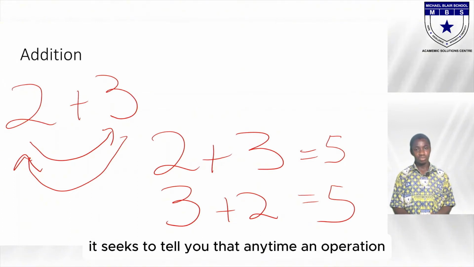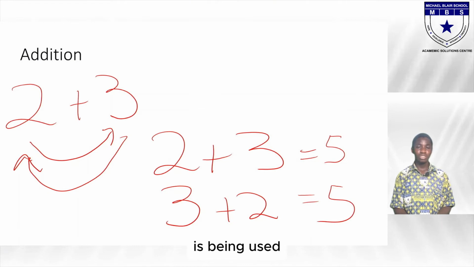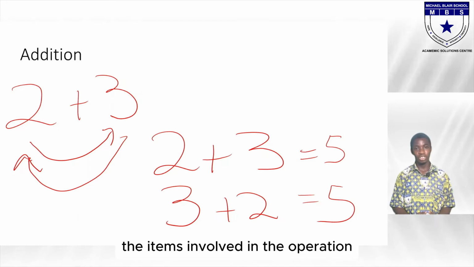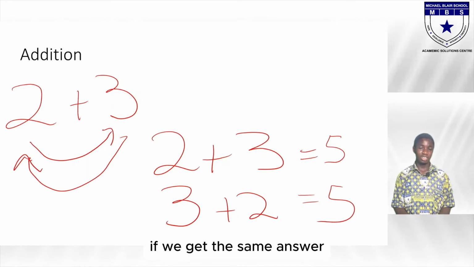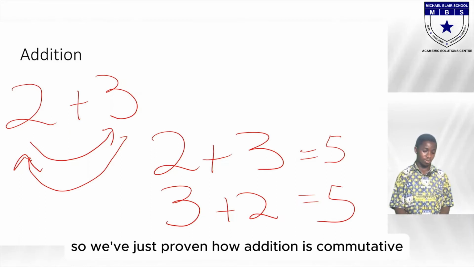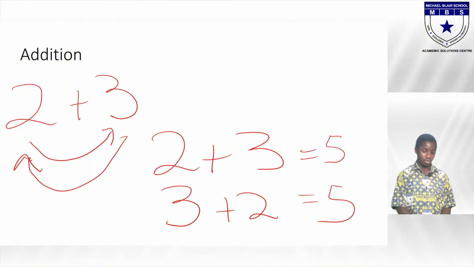It seeks to tell you that anytime an operation is being used and we interchange the positions of the items involved in the operation, if we get the same answer, then that means that operation is commutative. So we've just proven how addition is commutative.